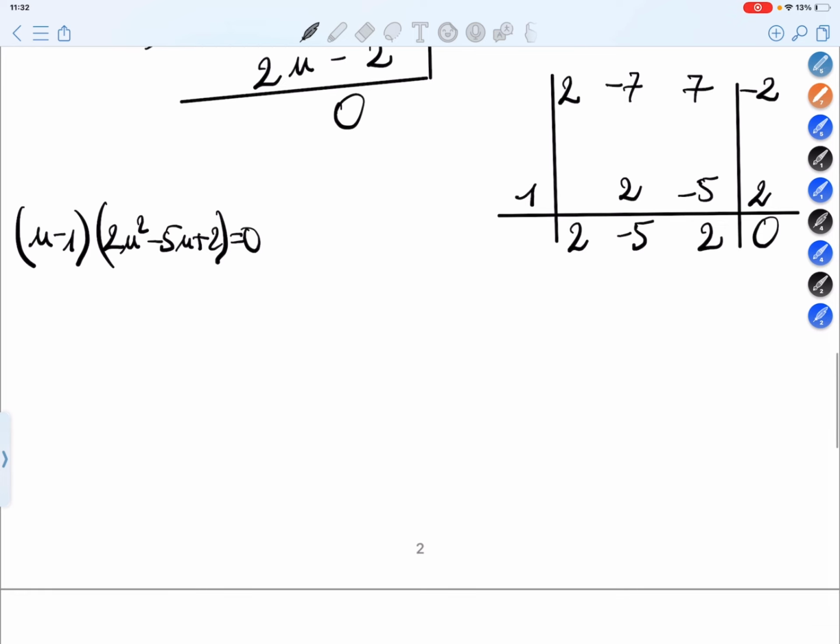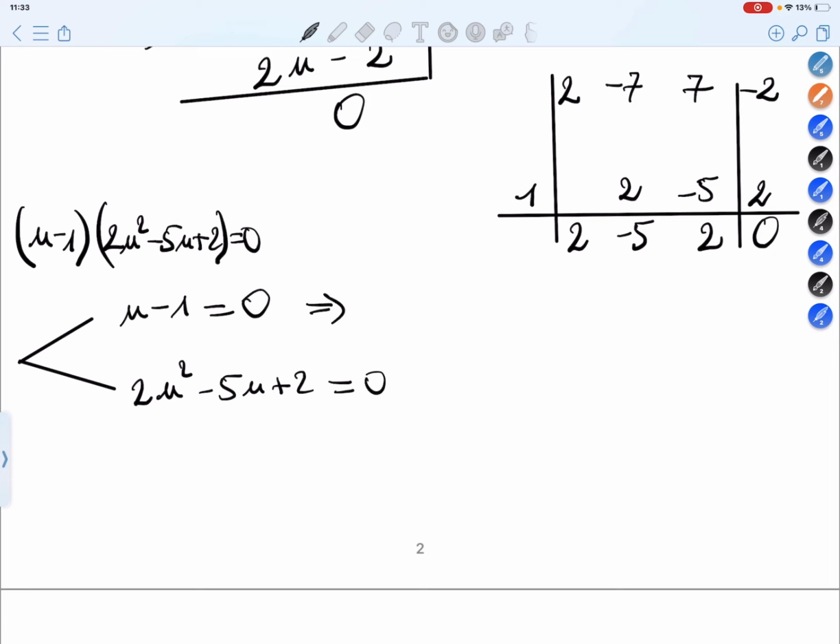Now from this we know that the product of two numbers would give 0 if either of them gives 0. So this would be 2u squared minus 5u plus 2 equals 0, and u minus 1 equals 0. This would give us u equal 1 as the first solution.